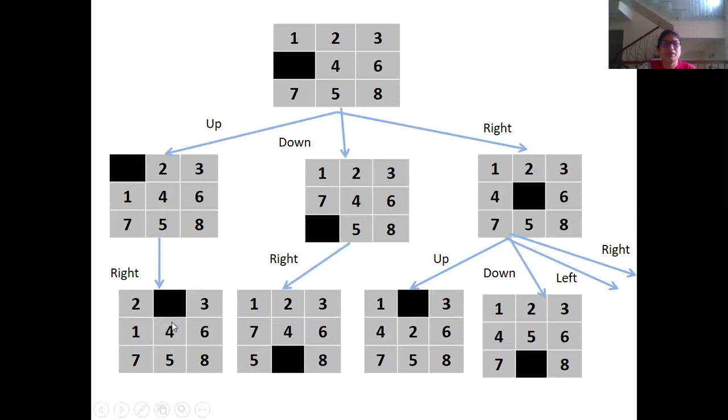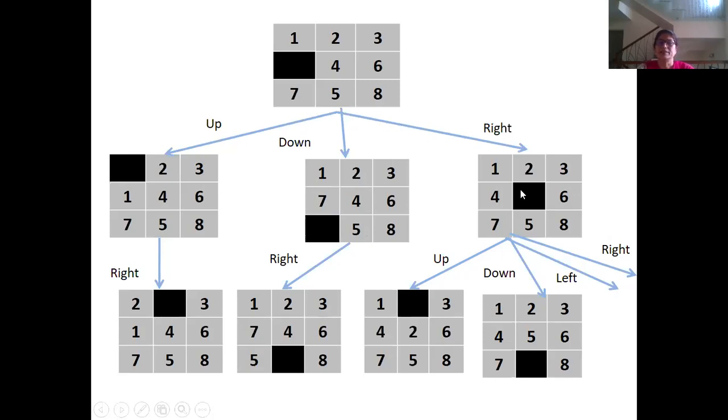So this state will be expanded to this. On the right movement, you enter a new state. Next, when this state is expanded, again only one move is allowed, because if you move upward, you will be back in the parent state, which we don't want. So we'll just move it to the right and enter a new state.